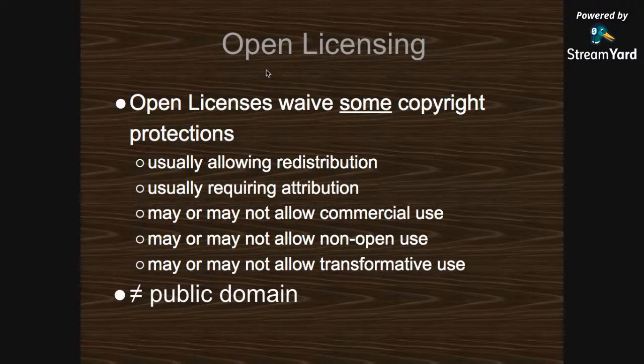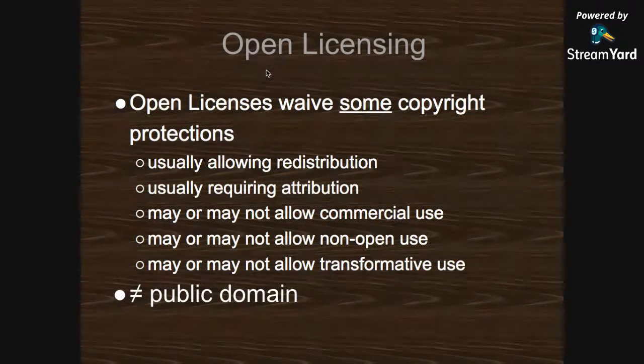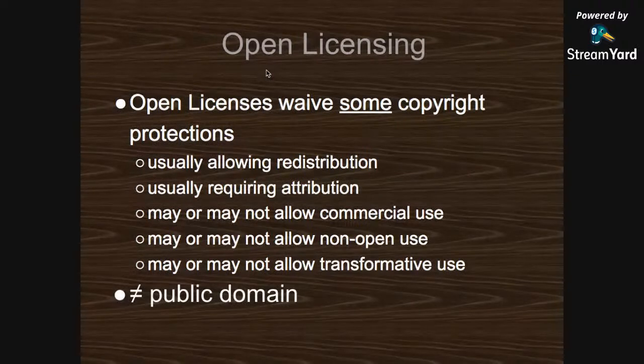So open access publications can be completely copyrighted, but you can also attach an open license to your publication, which would waive some of the restrictions, the protections that automatically accrue under copyright law. So most open licenses will allow people to redistribute your work. So not only can you read my article for free on the website where it is posted, but you can take a copy of it, you can print it, you can give it to your students, you can upload it to your website, you can do all sorts of other things to it.